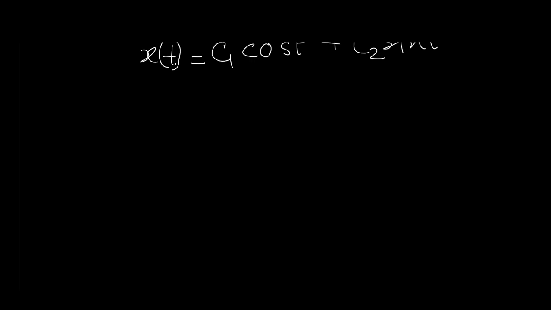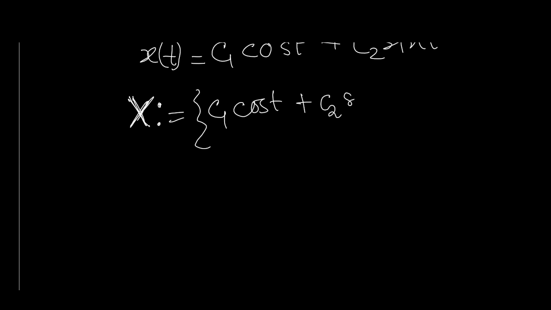Now we can define a set X as the set of all c1 cos t plus c2 sin t such that c1, c2 belong to R.